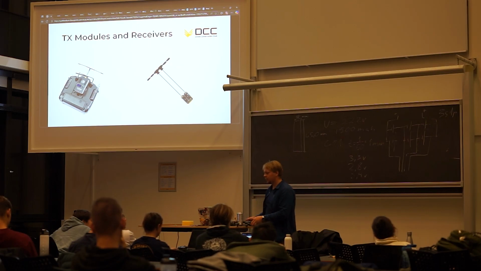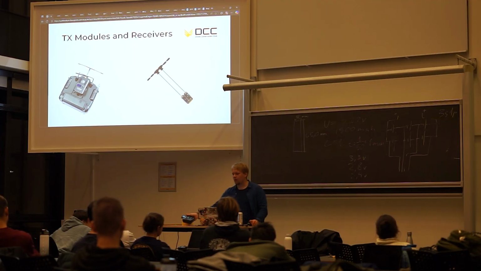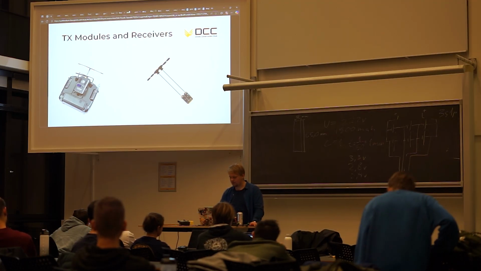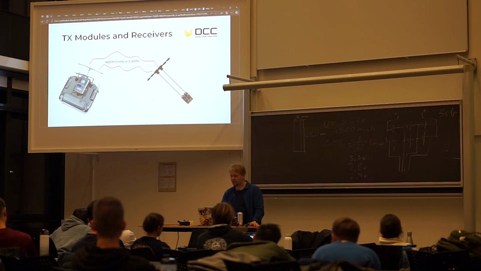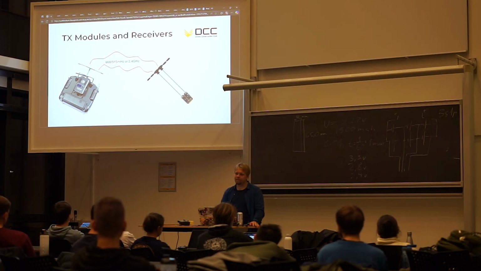Now that is communication between the radio, or we call this the controller, and the drone. You also will see, most popular ones are 900 or in Europe 868, and 2.4.